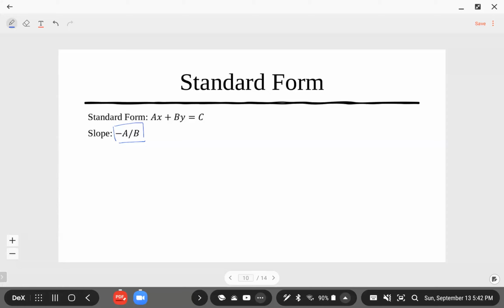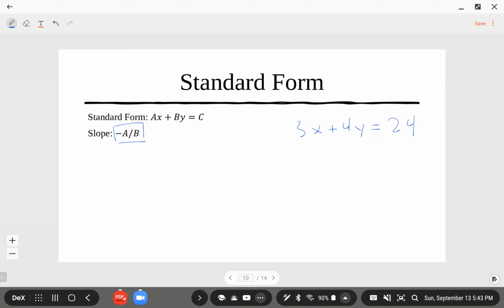And why is standard form so important? Because standard form is using whole numbers, unlike slope-intercept, where you get slopes like fractions, right? Like 5/6 x, and then you can even get y-intercepts as fractions, like 13 over 3. Okay, so it's pretty hard to work with those fractions. And then we can convert it to standard form. Mostly standard form is whole numbers, like 3x plus 4y equals 24, something like that.